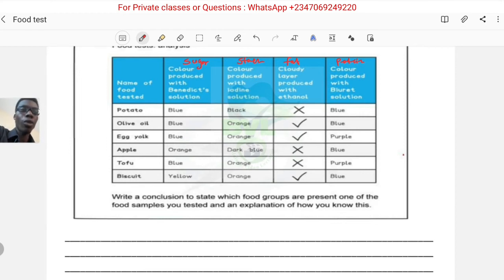So basically, when the Benedict test was added to potato, it remained blue. So I'm going to write for each column. Let me write for potato.